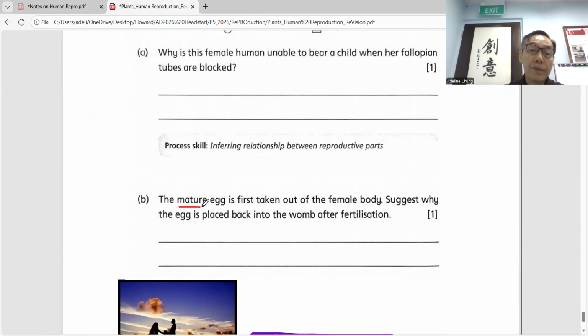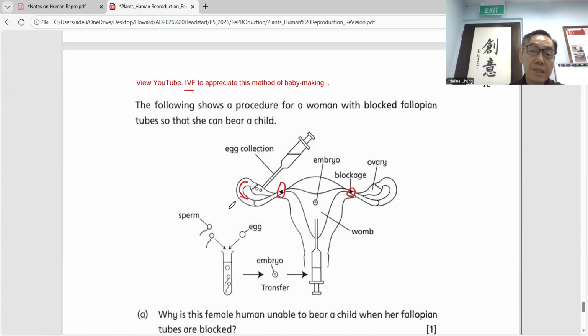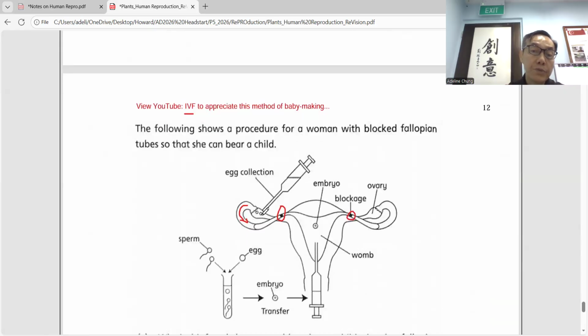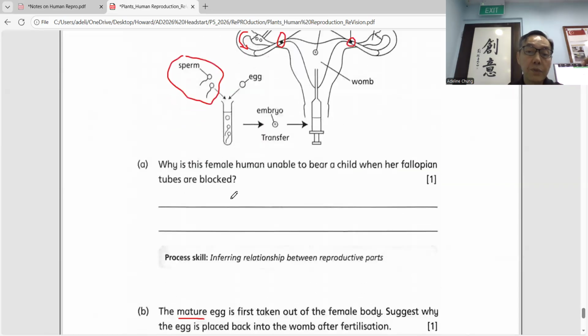Sorry, the mature egg is not the fertilized egg. Mature egg means the one that the woman produced is taken out from this process. Subsequently, they use the sperm from the husband to fertilize the egg outside the human body. After fertilizing it, of course, they must put it back, to allow the fetus to develop.